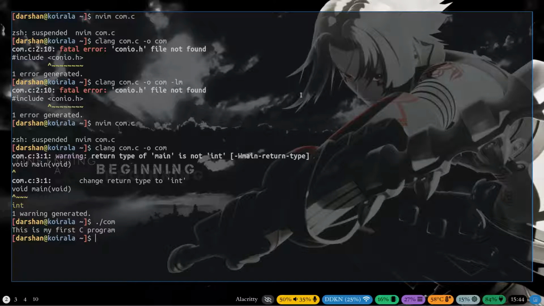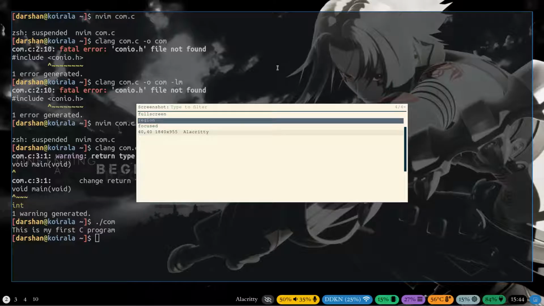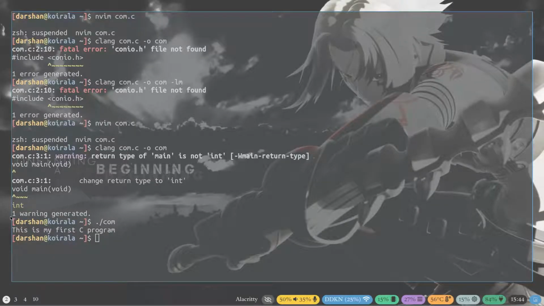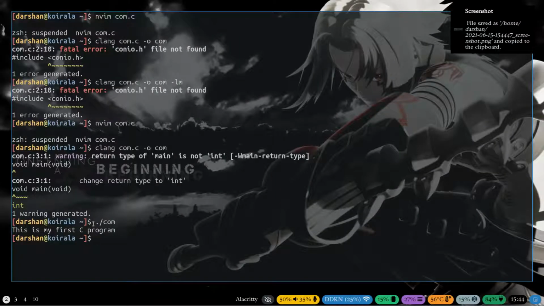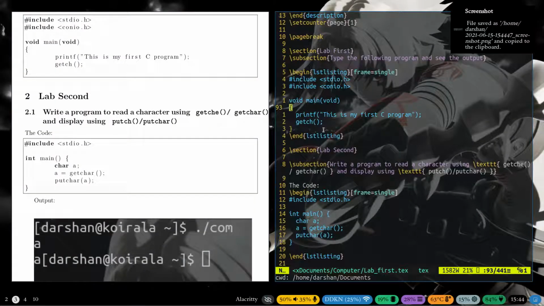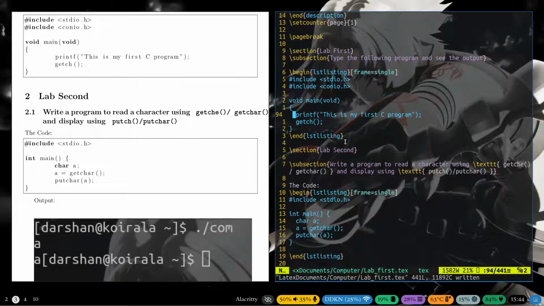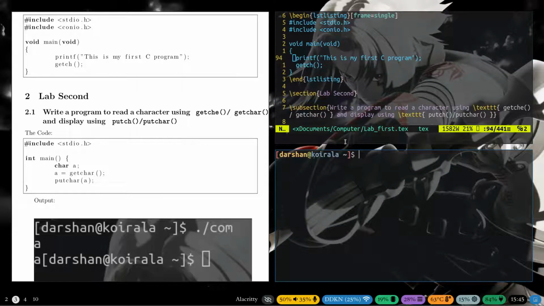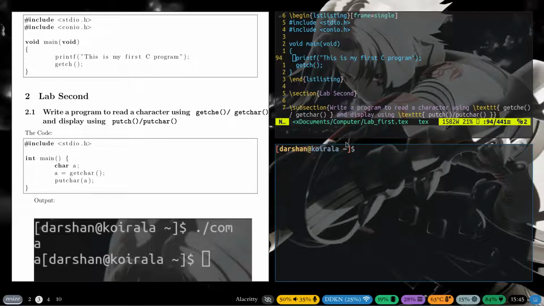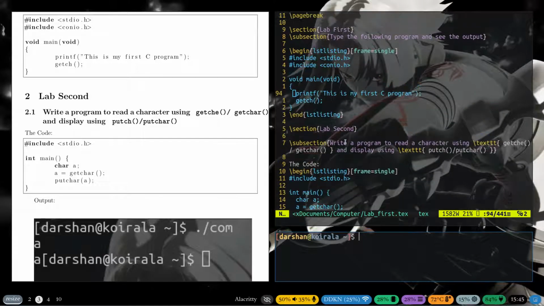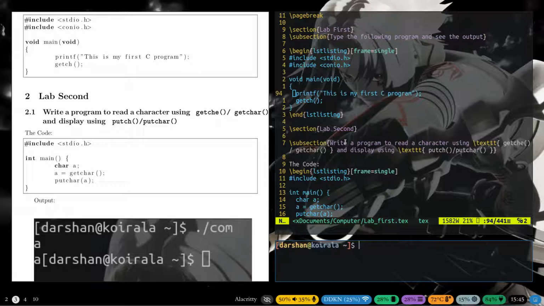That's it. So I think I have to screenshot this. This is my first program. So that's it. And the other thing that I want to do here is to actually open a new terminal and resize it like this and cd into LaTeX document.